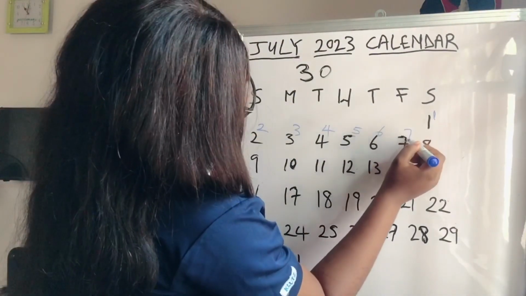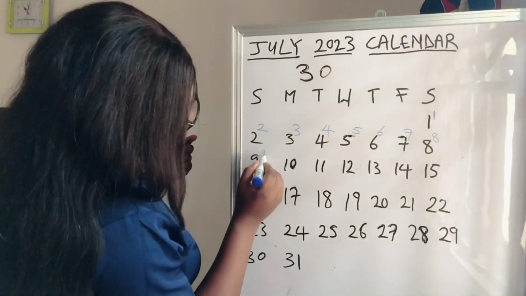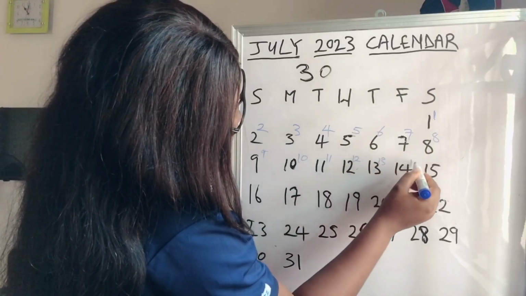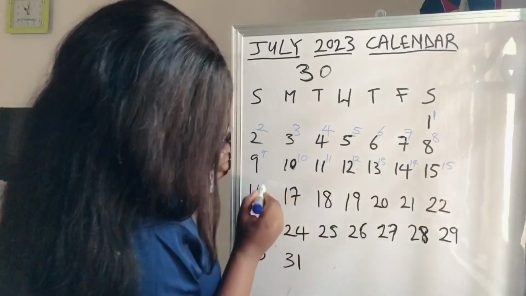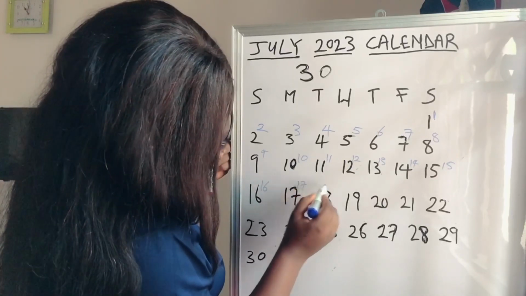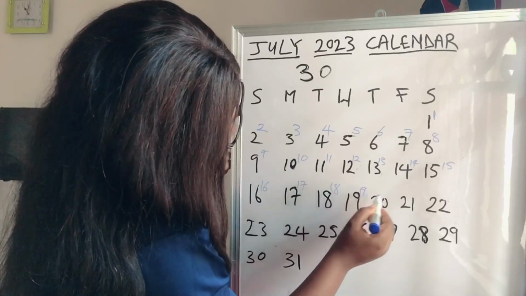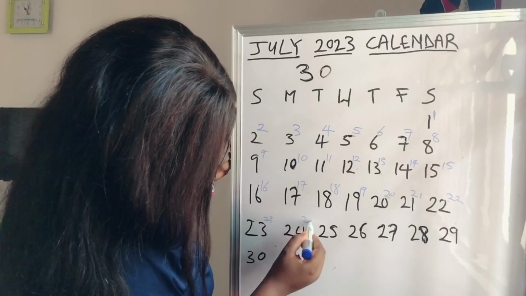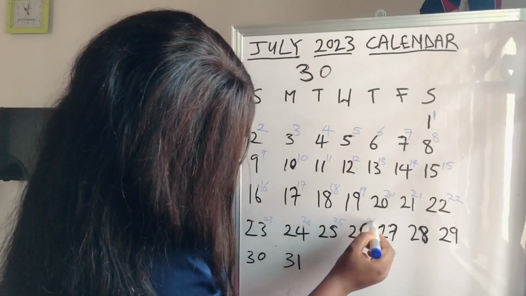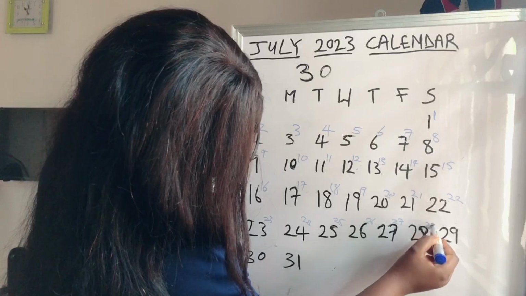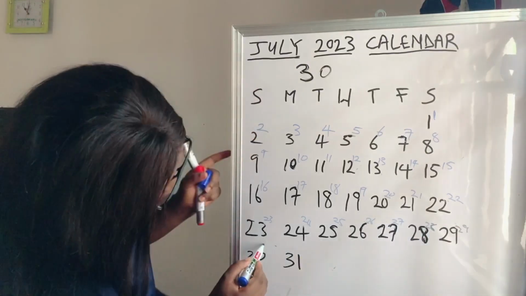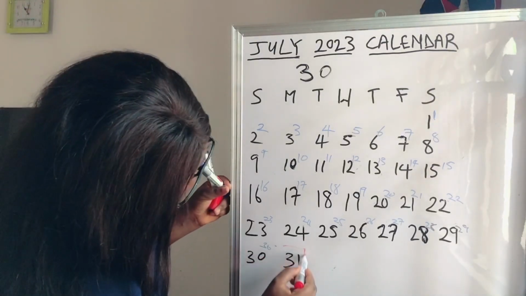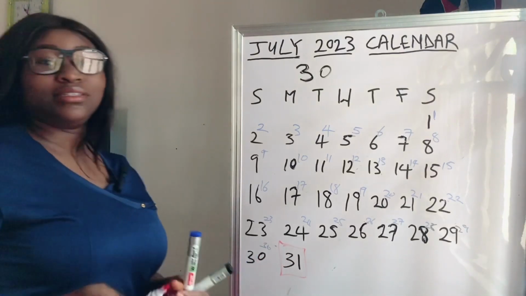Day 6, day 7, day 8, and so on through day 29, day 30. She got her next period on the 31st. So you stop counting on day 30.